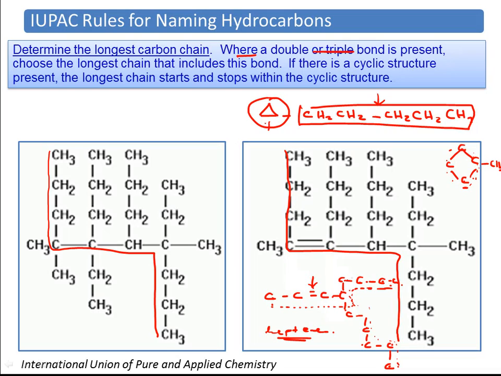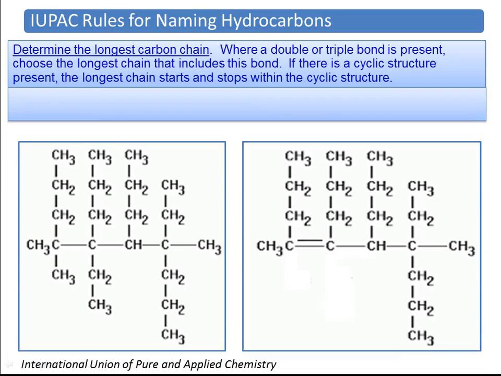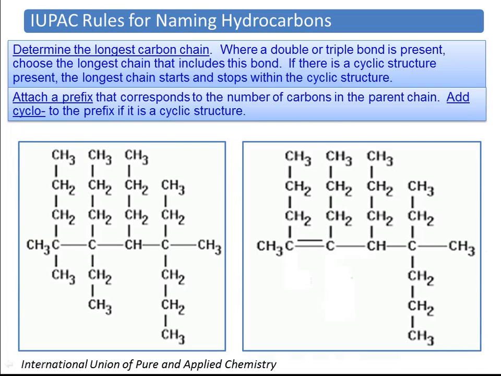This one becomes the side chain. But look, stress ye not, I'm not going to actually go through this because it's not part of your syllabus. I just mentioned those things so that you know it doesn't do you any harm to know about that. So let's move on. Okay, so that's how we determine the longest chain for alkanes and alkenes.